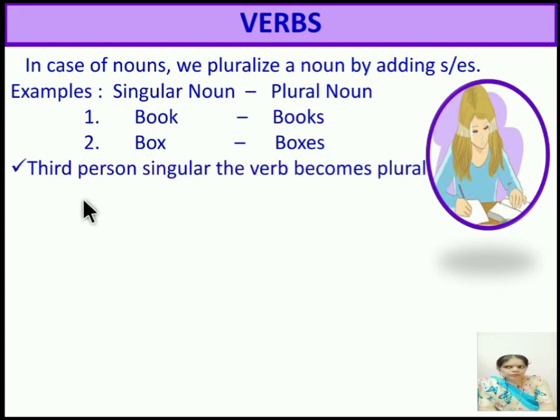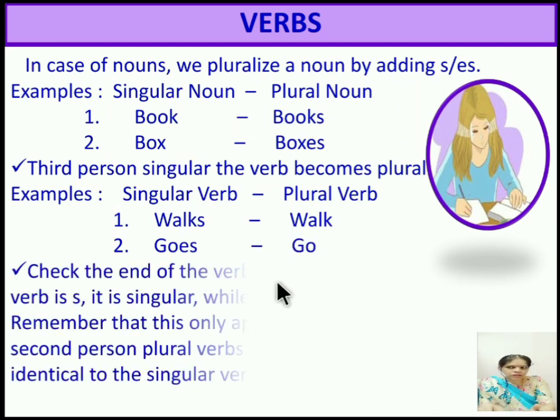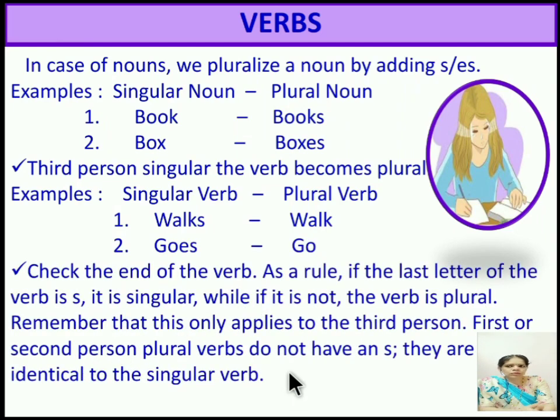Now, the simple present tense or simple present indefinite tense rule, a very important rule, applies to the third person singular only, and only then you pluralize the verb. Here the rule says singular form of verb and plural form of verb. Walks becomes walk and goes becomes go. So walks is the singular form of verb and walk is the plural form of verb.